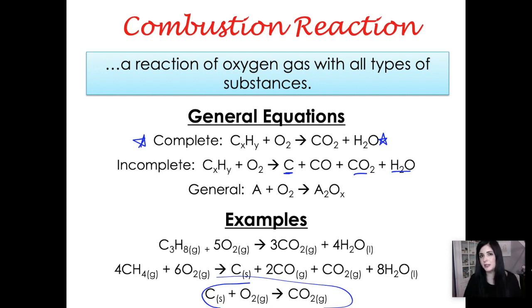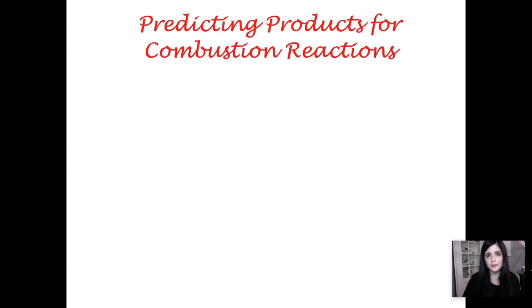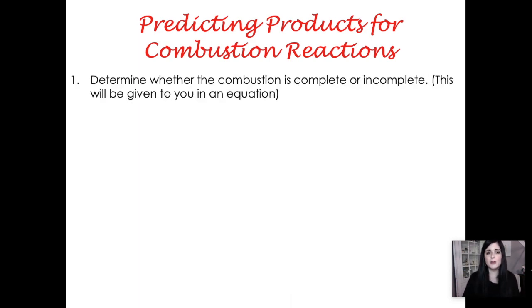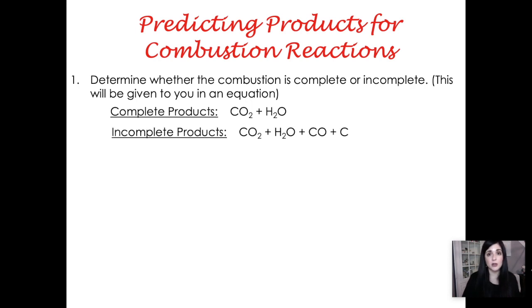Sometimes you have a little bit of overlap. And of course, to predict the products, you really don't even have to predict them because the products, 95% of the time, will always be carbon dioxide and water. Like it says in the directions, this will be given to you in an equation. So there's your products for complete, there's your products for incomplete, and then you balance it.